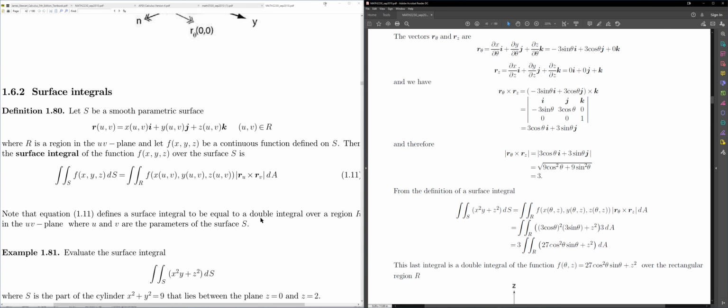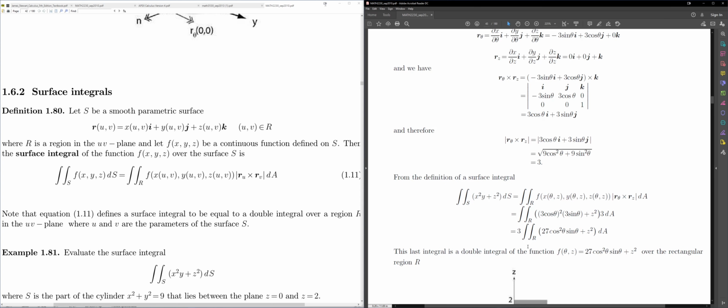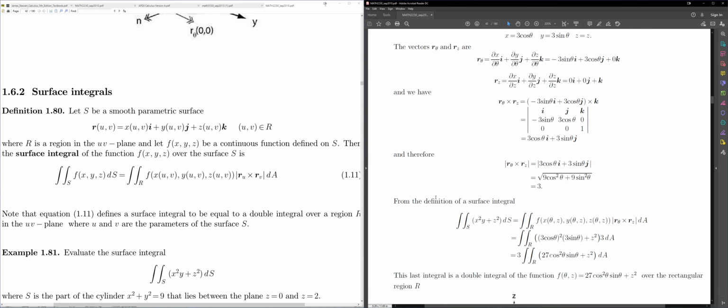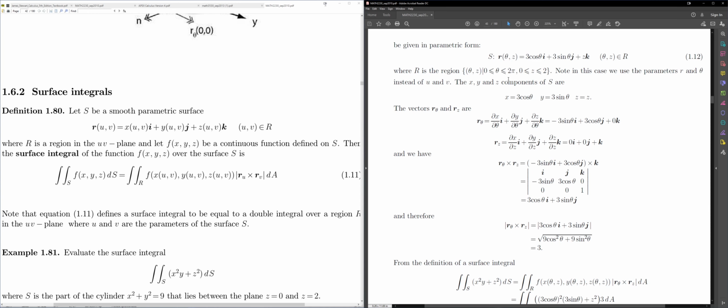Okay, so now I have all my information to actually start working out the surface integral. The hard part is working out this expression, the cross product here, and in this case it's the r theta cross rz. I'm now using the definition of the surface integral. What this is saying is, in order to work out the surface integral, I'm going to integrate over your parameter space, which is given to me over here.